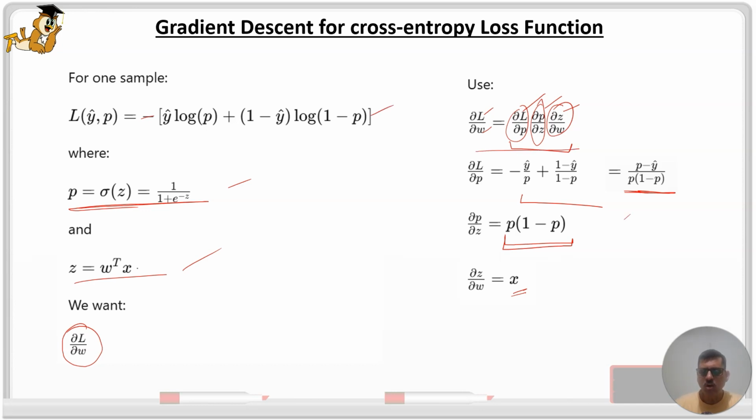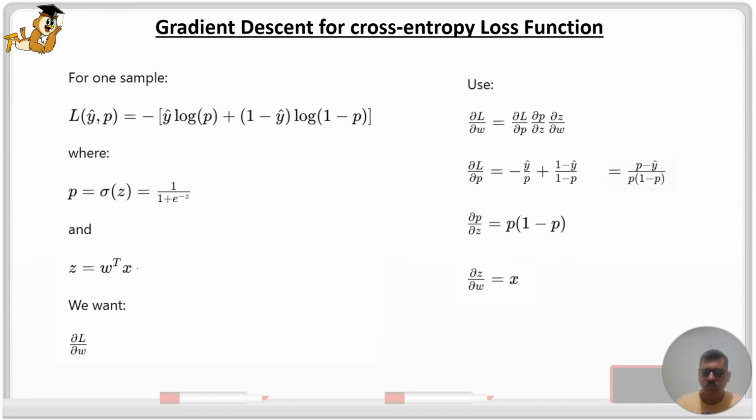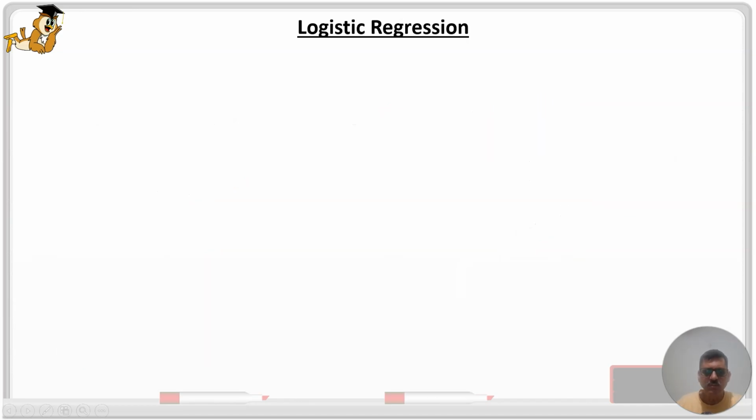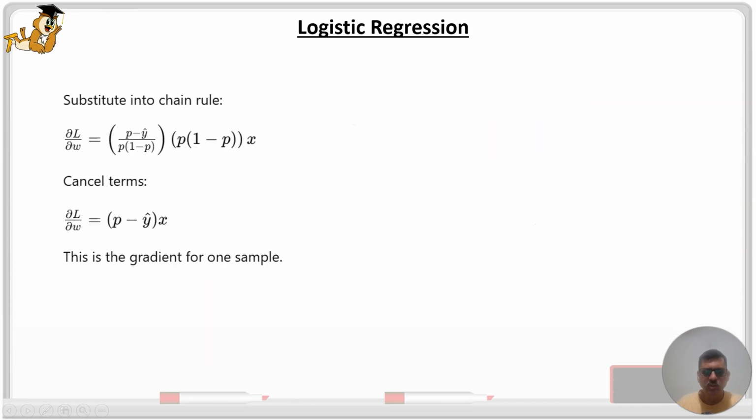So if I put all of these three together, let's see what happens. When you substitute into the chain rule, virtually everything cancels out and you are simply left with this, right? This is what I call simplicity. This is the ease of computation that we are talking about. This is the gradient for one sample, and when you are summing over all the training data, you are essentially going to do a summation right here.